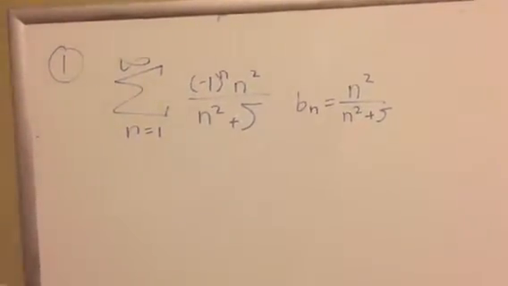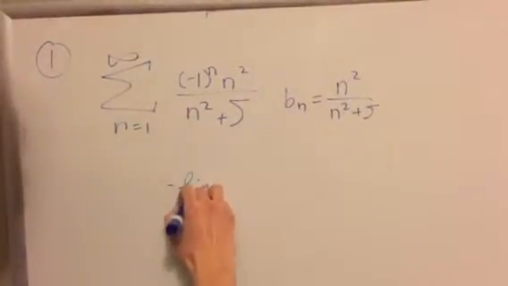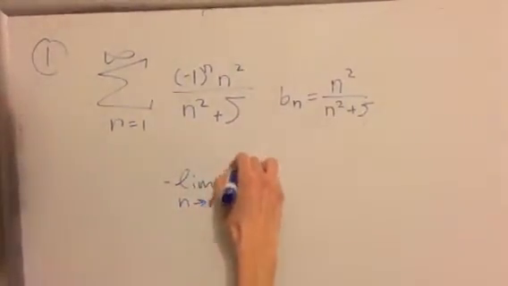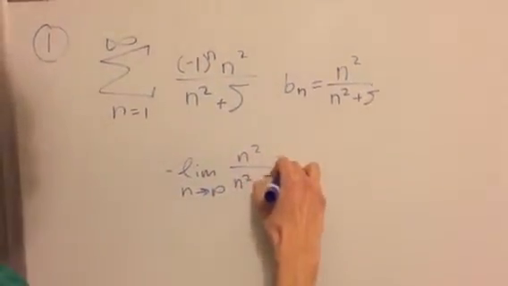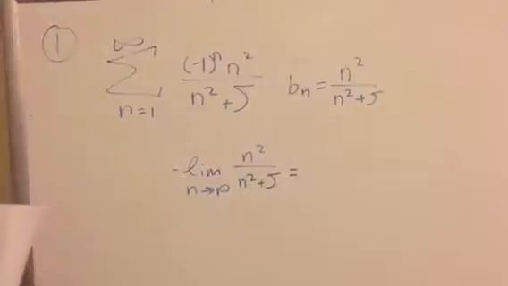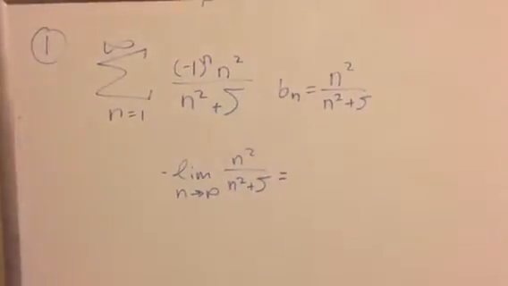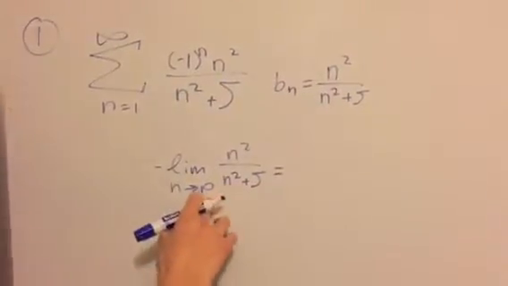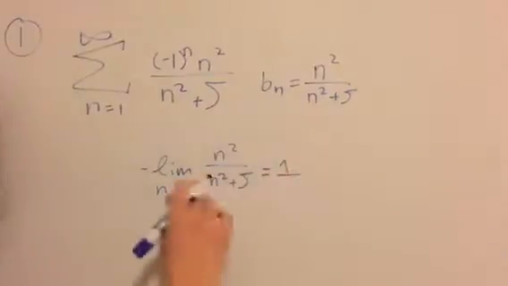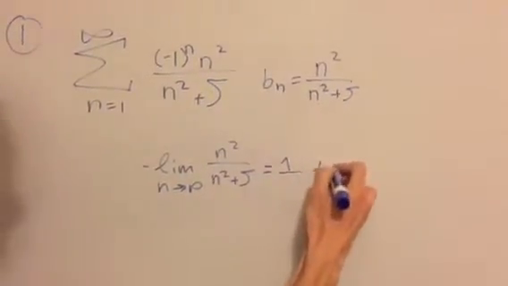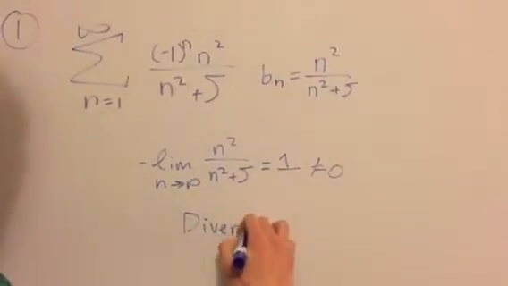And now we check our first condition. Which, as n approaches infinity, this will approach 1. And so this is not equal to 0, which means that this series is divergent.